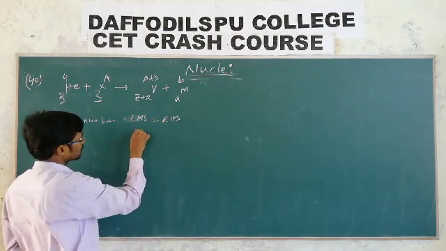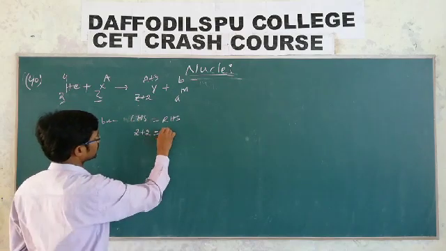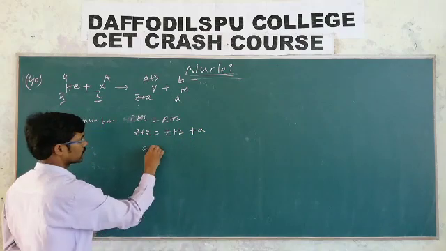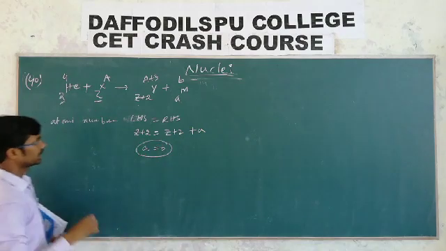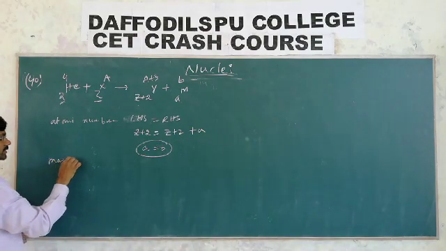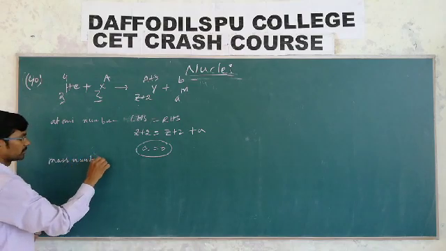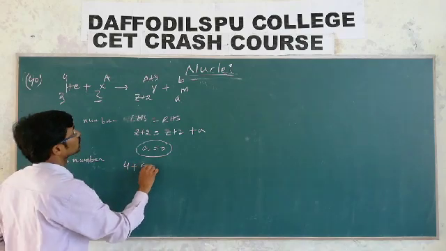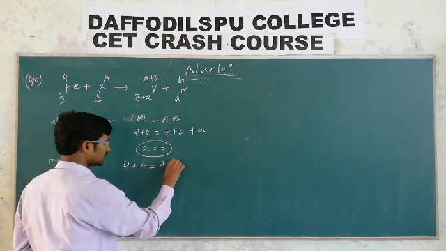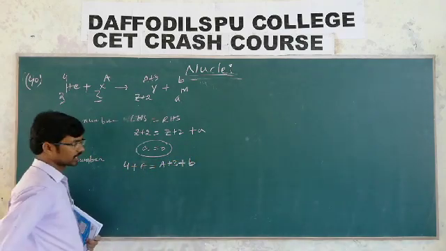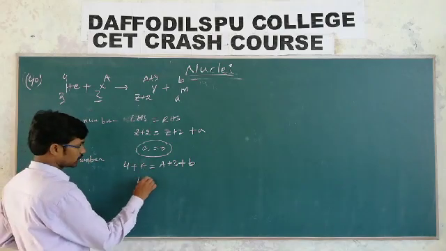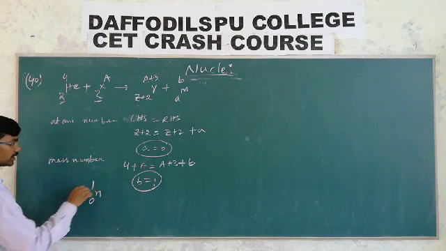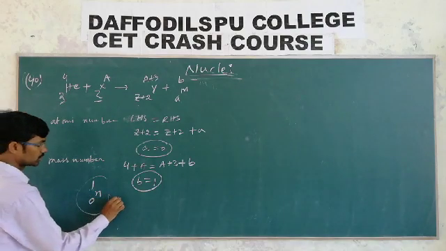Z plus 2 is equal to Z plus 2 plus a, then a is equal to 0. Next, mass number also should be equal: 4 plus A is equal to A plus 3 plus b. Now A cancels, then b is equal to 1. So M represents 0 and 1, which is a neutron.